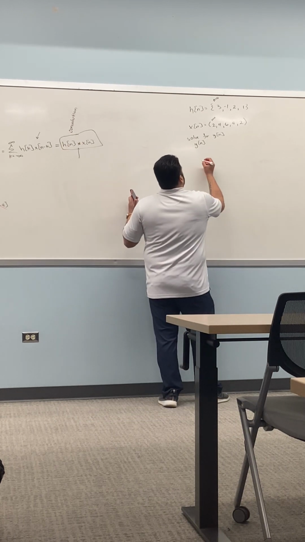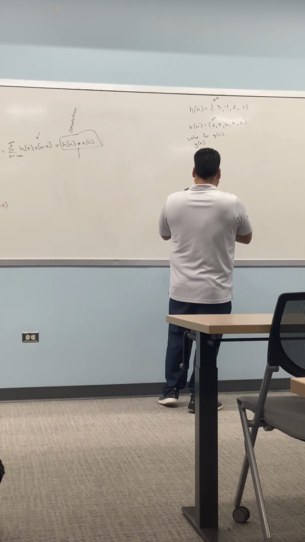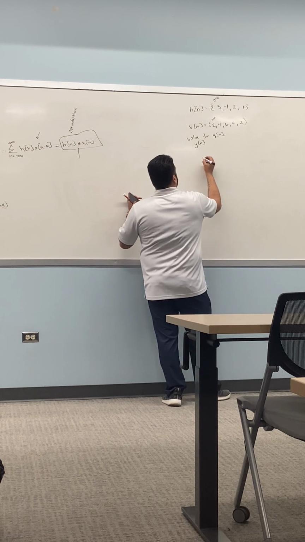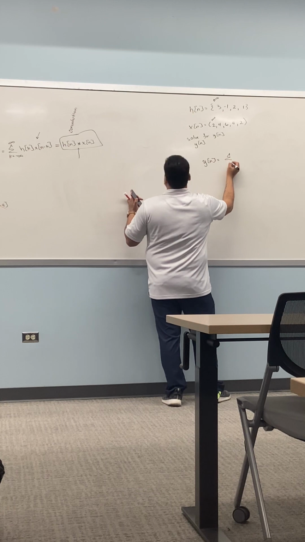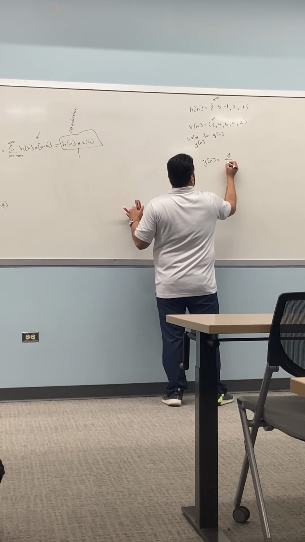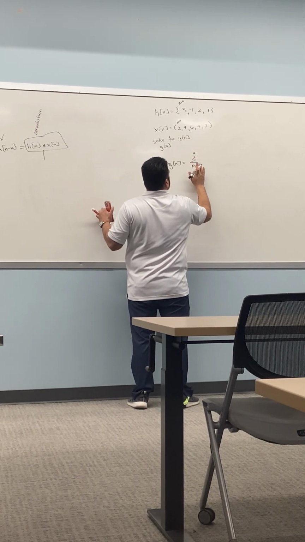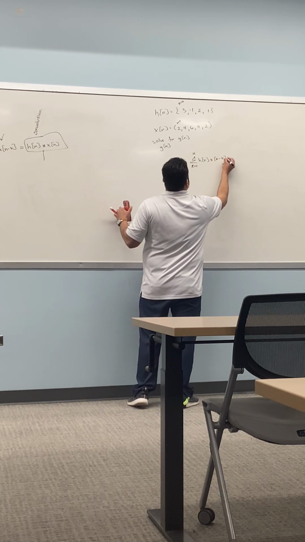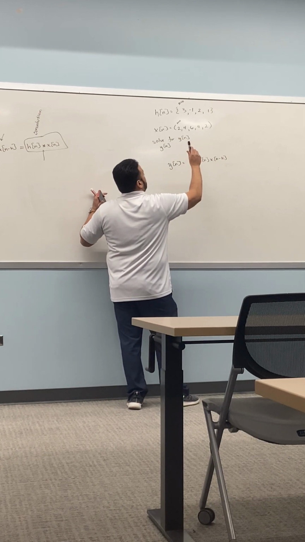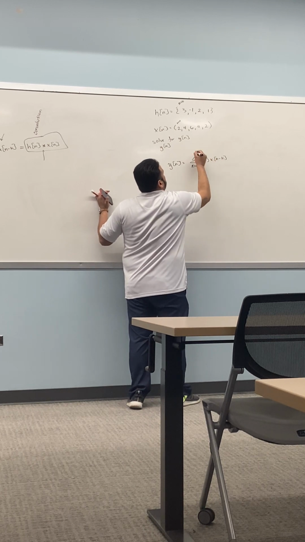Okay, let's first do an explicit form. So y of n equals the summation from k equals 0 to m of h of k x of n minus k. What's our m here? It's the length minus 1, so this is actually 3.